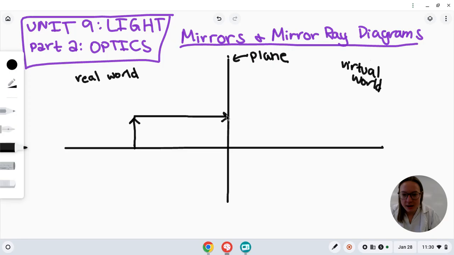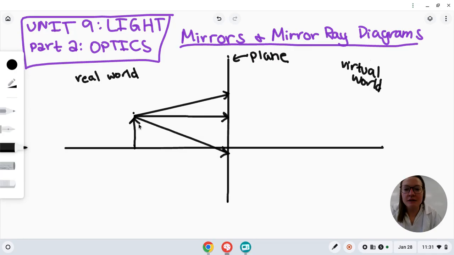There would be some other light rays here too. There might be a light ray that starts here at the top of your toothbrush, bounces off and goes this way. There might also be another light ray that starts here at the top of your toothbrush and goes down this way, like this.